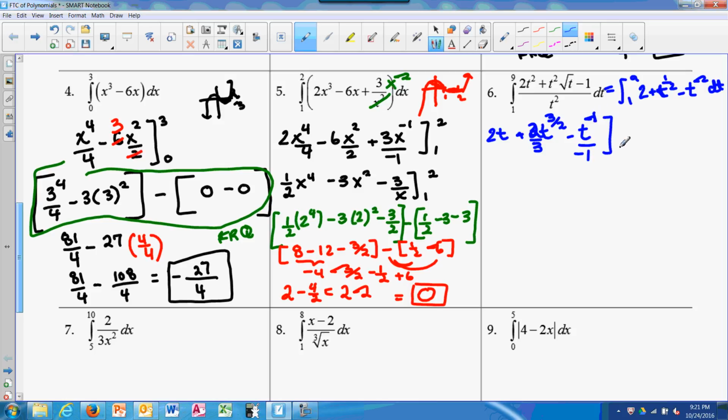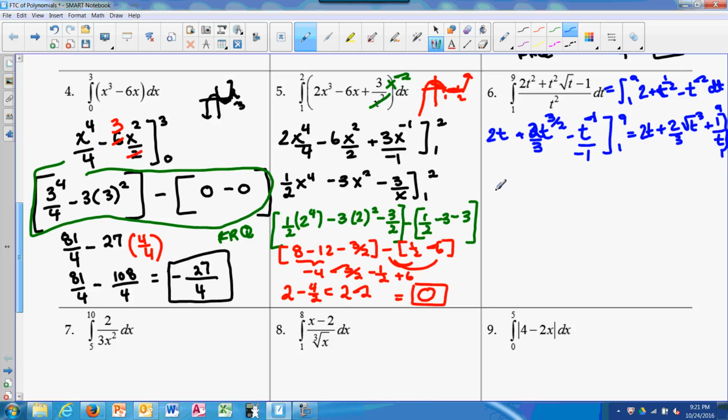And instead of plus c, I indicate 1 to 9. So this would simplify out to be 2t plus 2/3, the square root of t cubed plus 1 over t, and it's still from 1 to 9.